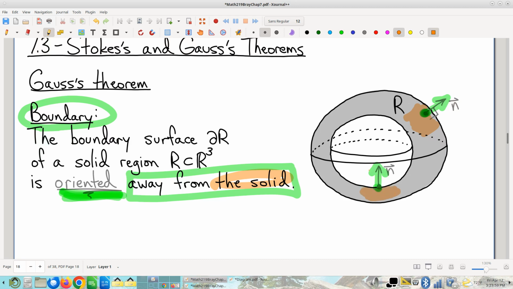Again, the solid being what I have shaded down here. So away from the solid like that. And I don't think outward really communicates the right thing here. I feel like plenty of people would call this inward. Does that make sense? So again, be careful about this.